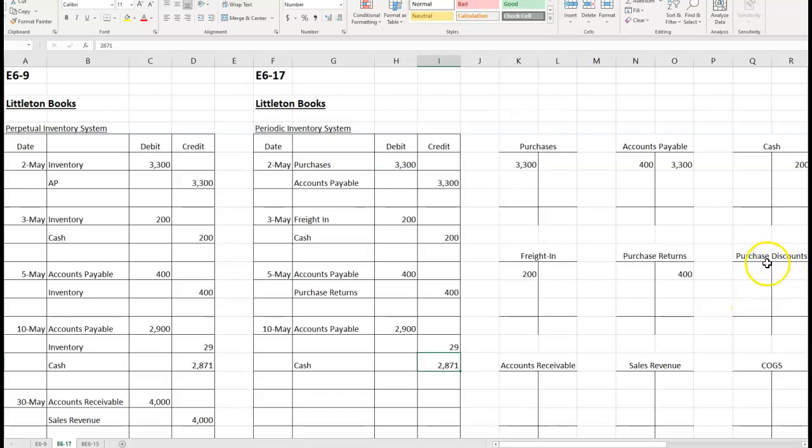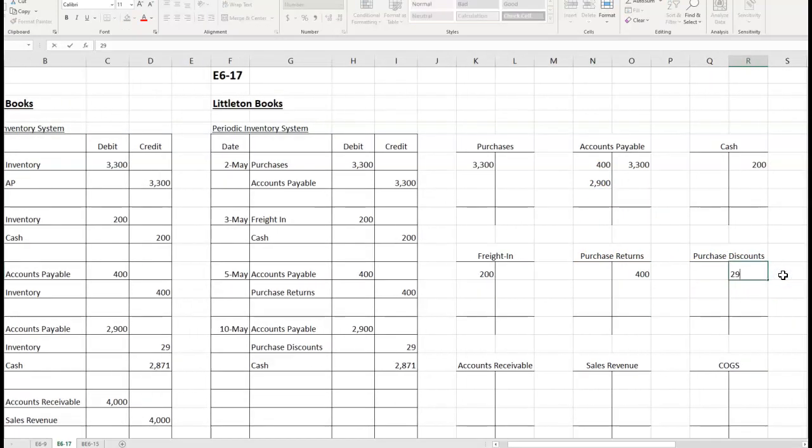It will be credited to purchase discounts. So let's post that. Accounts payable, $2,900. Purchase discounts, $29, and cash, $2,871.